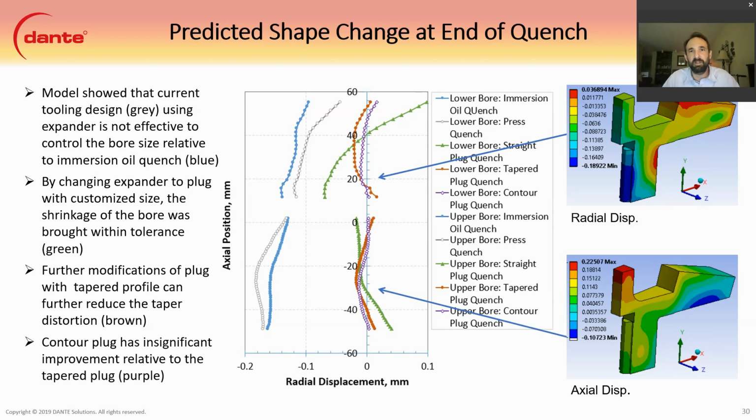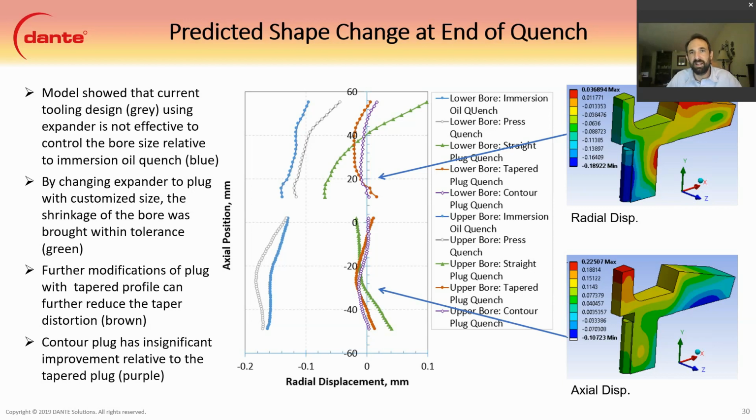However, we wanted to see if we could improve it further. So the way to get rid of taper is to use the inverse taper in the plug. So we designed an inverse taper plug and executed the model, and that is the red line. And you can see now that the taper is completely gone. The distortion is reduced substantially, even from just the straight plug. However, we were still curious if we could take the contour, the bow out of it that then became apparent.